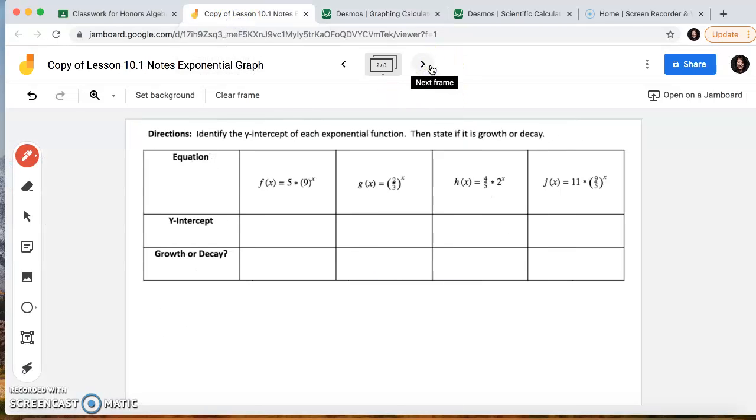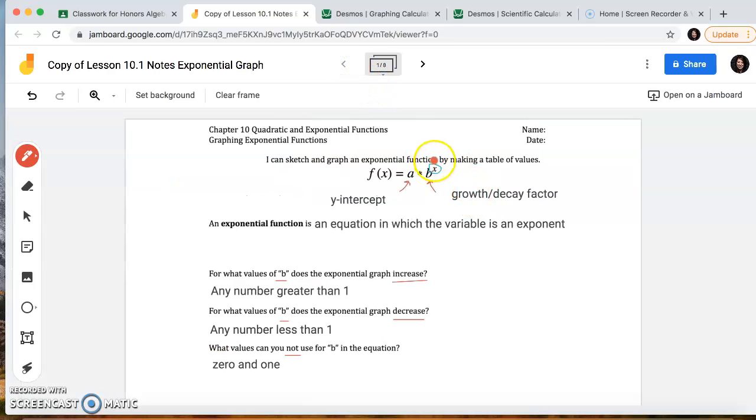We're then going to try and just identify some y-intercepts in growth and decay. So right here, this is our y-intercept. Our y-intercept is 5. And then our b value is 9. That is greater than 1, so it's going to be growth. In our next one, we have 2 over 3. Now that's actually our b value, because as we can see from the previous one, the b value always has the exponent.